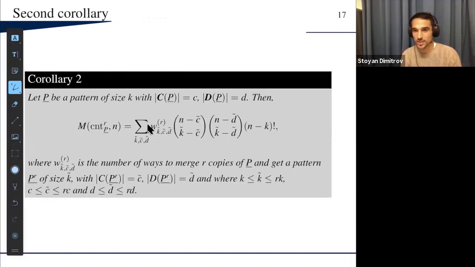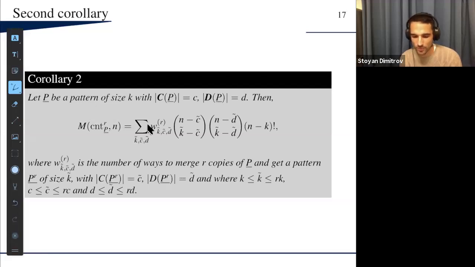Okay, and here's another very important corollary that I will use substantially. So again, here we consider just all the statistics that are the number of occurrences of a certain pattern. It could be any bivincular pattern, and r could be any higher moment.